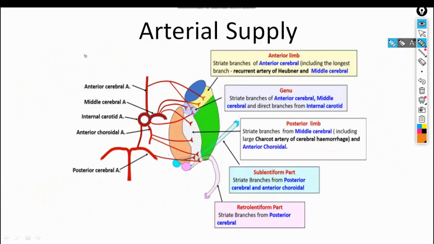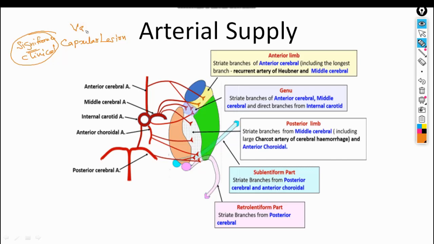Clear? The arterial supply of the internal capsule has huge clinical significance, and we call them capsular lesions.